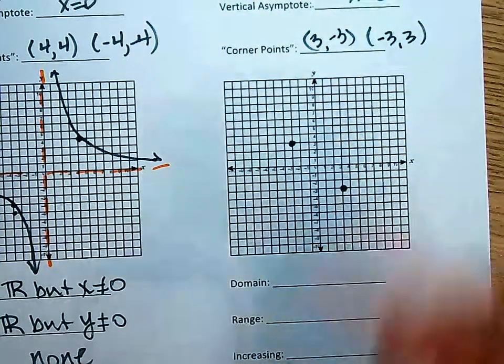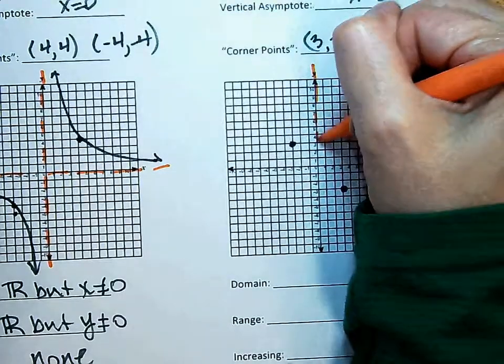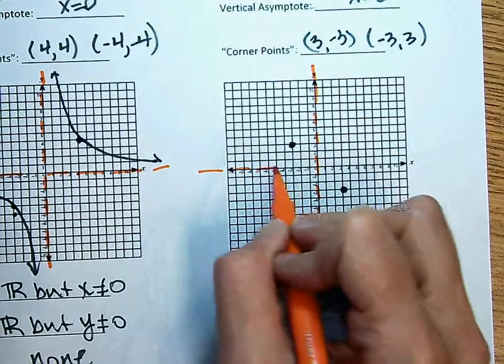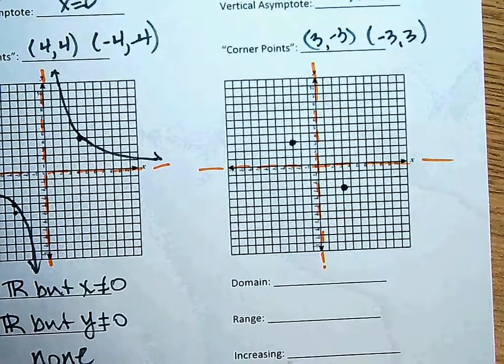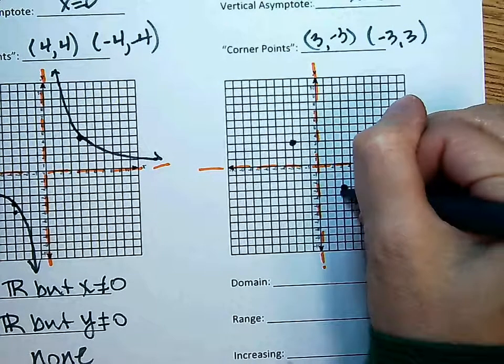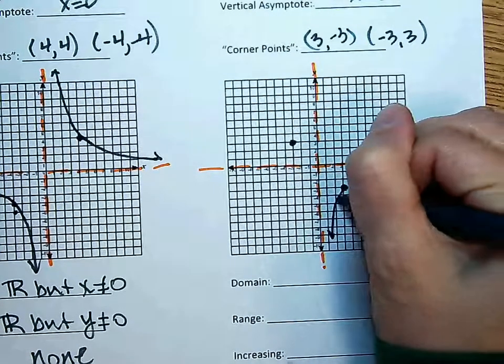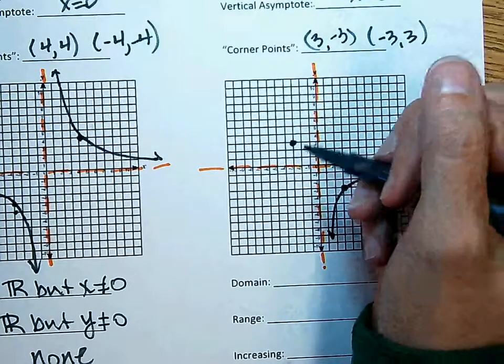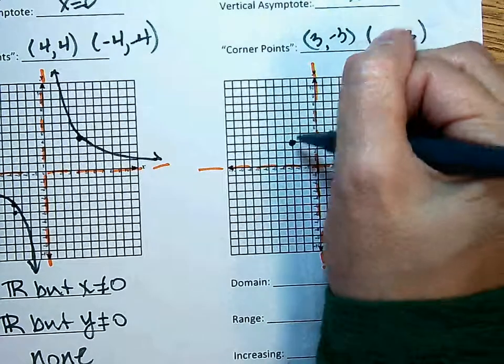And then you are going to draw your asymptotes, and then you are going to make it a smooth graph. Smooth.